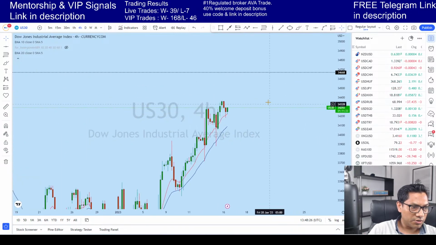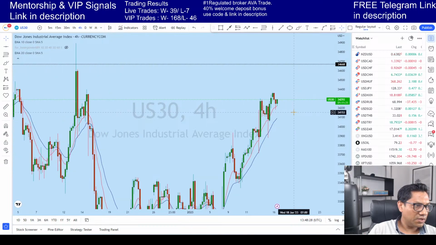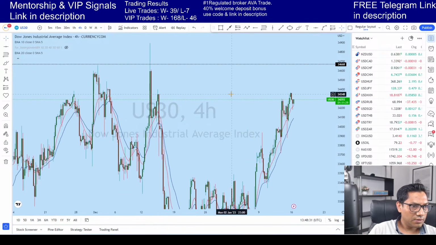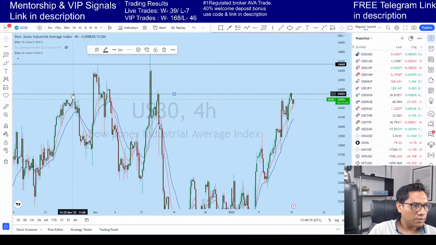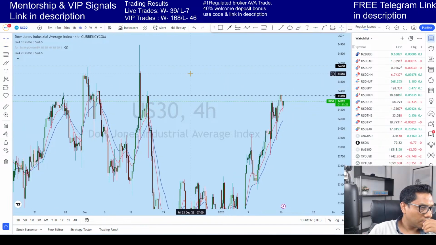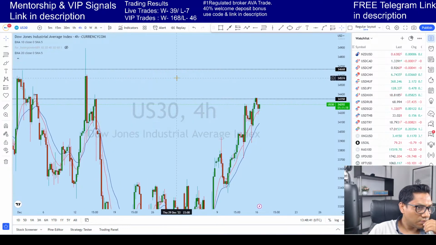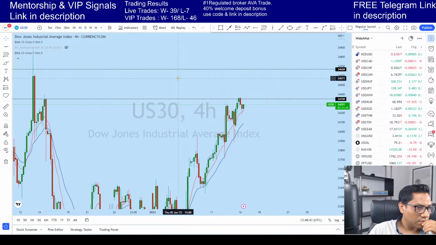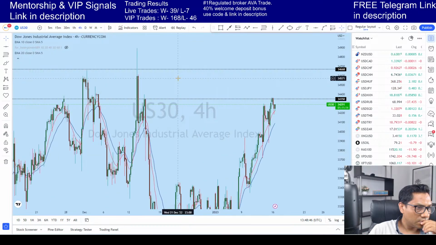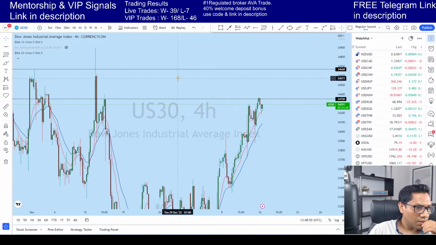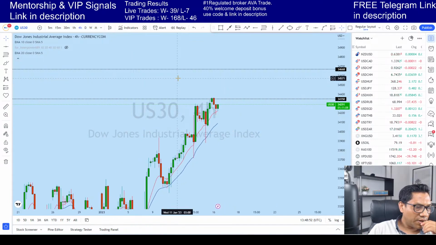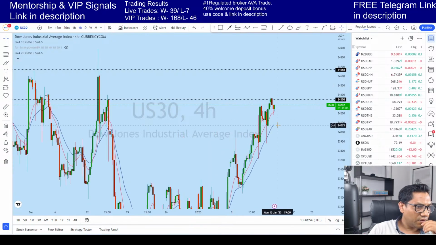Okay, so this is where the puzzle is. So the price is hitting this resistance level.